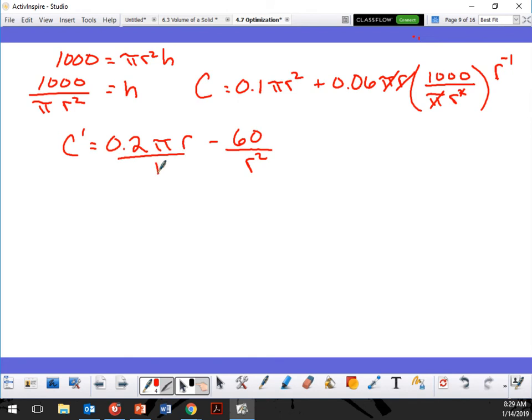And to have a common denominator, I have to multiply this one by r squared top and bottom. So I'm still with c prime is equal to 0.2 pi r to the third minus 60 over r squared, right?